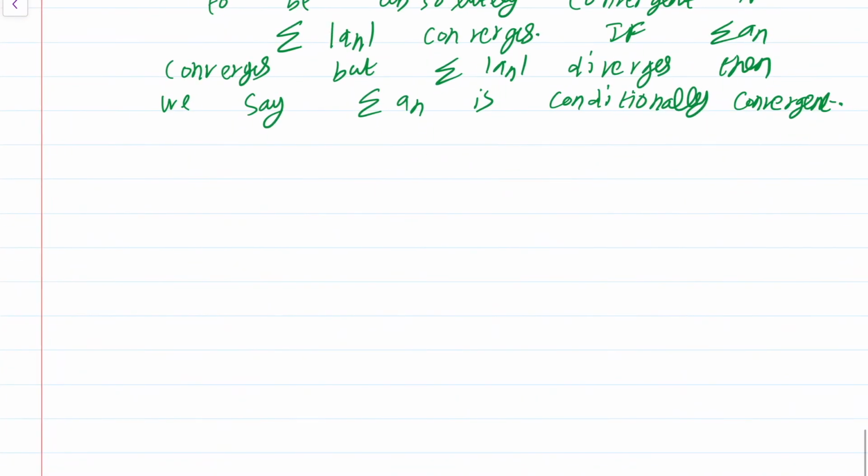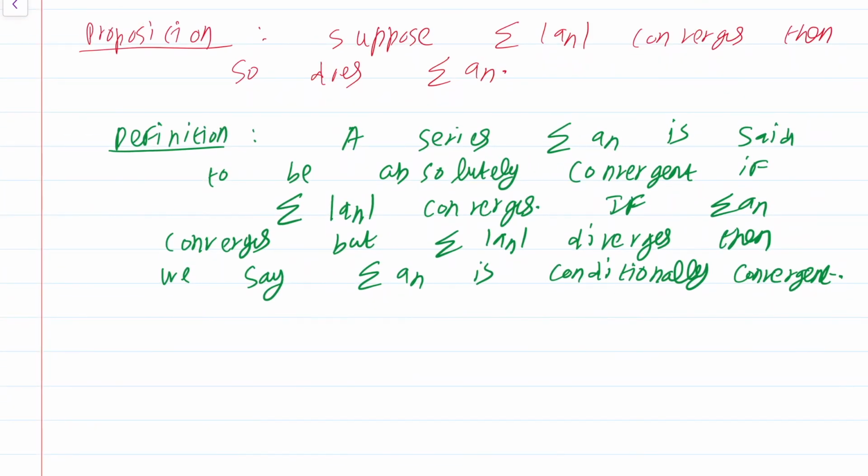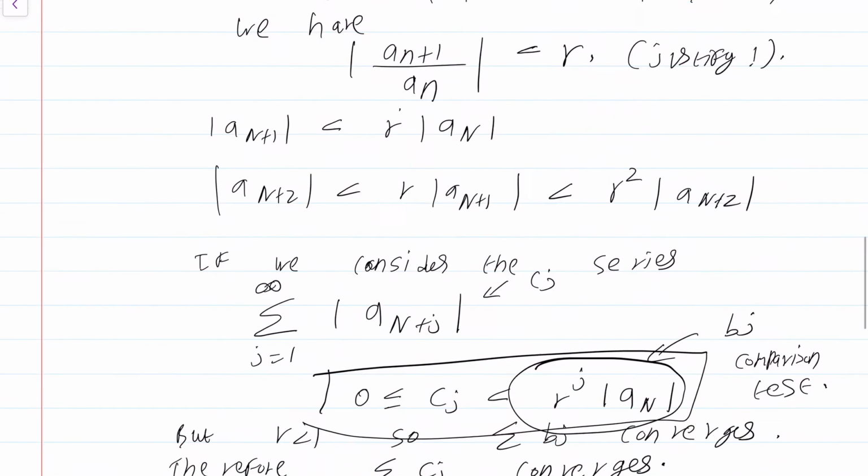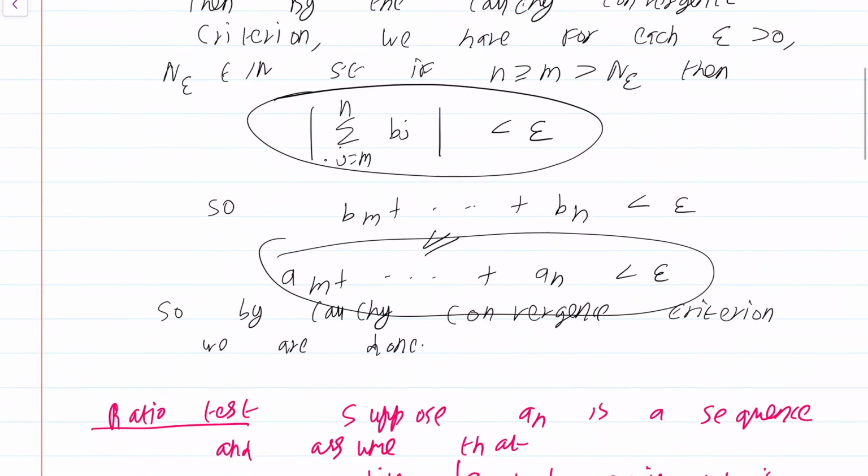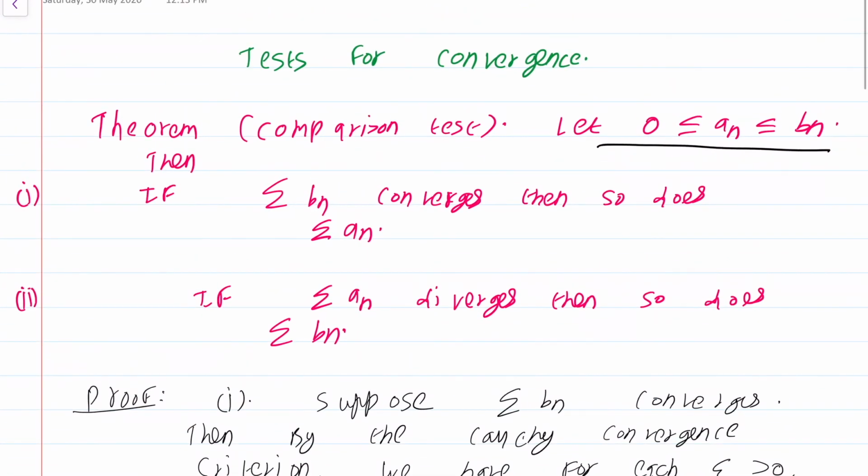So keep in mind that all the convergence tests that I am stating can be modified to take into account these remarks, that the behavior of a series really depends only on the behavior of its tail. So for instance, in the statement of the comparison test, I am saying that you require 0 less than or equal to an less than or equal to bn.